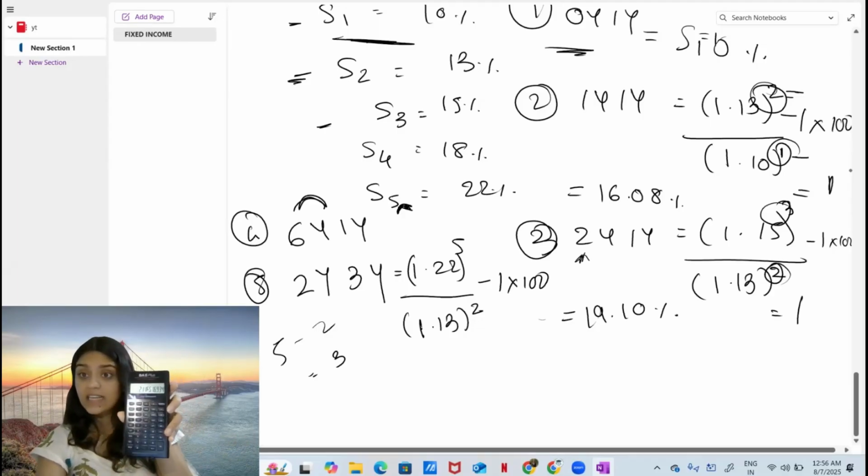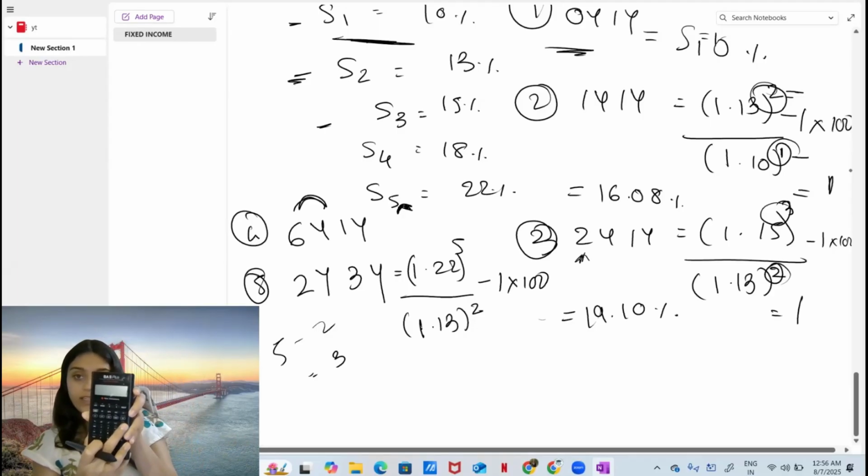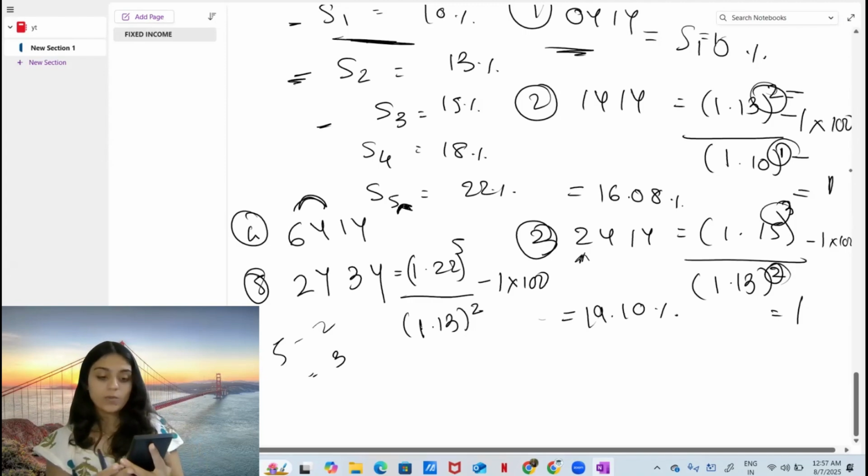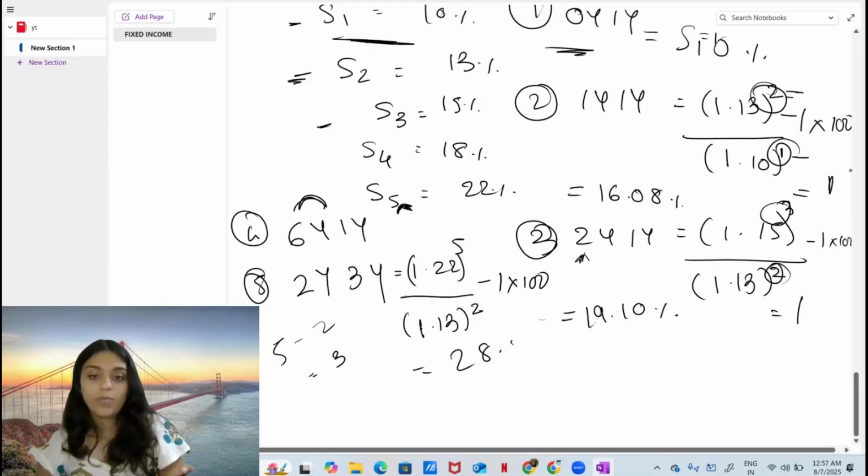Now the difference is 3, so 1 divided by 3, bracket closed, is equal to, you got some answer, minus 1 into 100, which means the answer is 28.39. 28.39%.